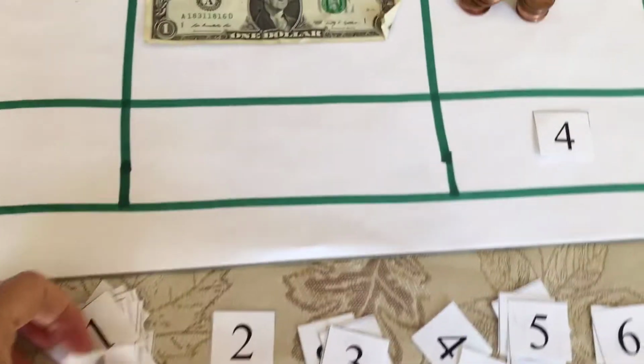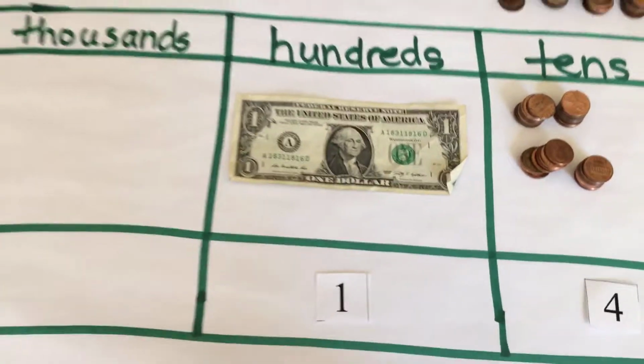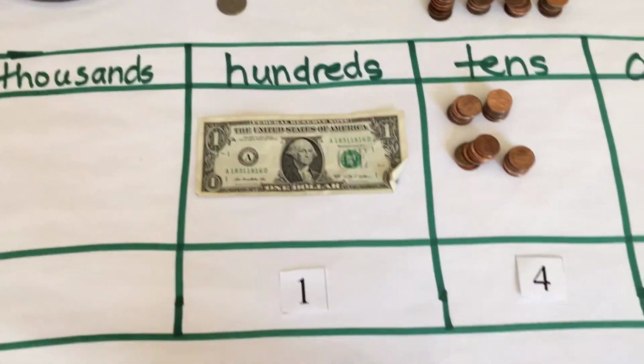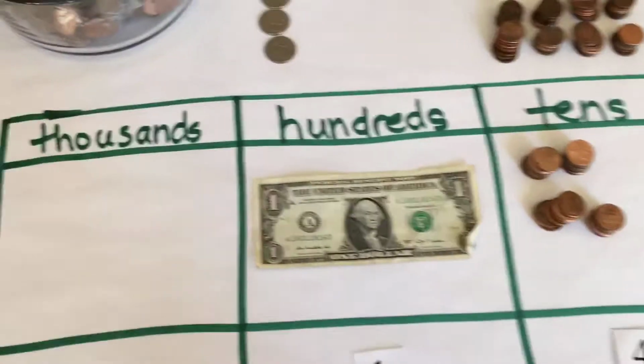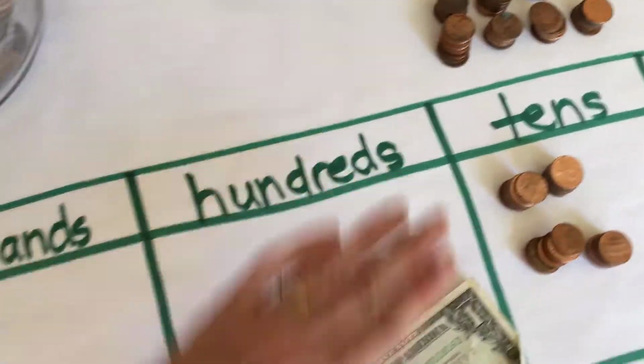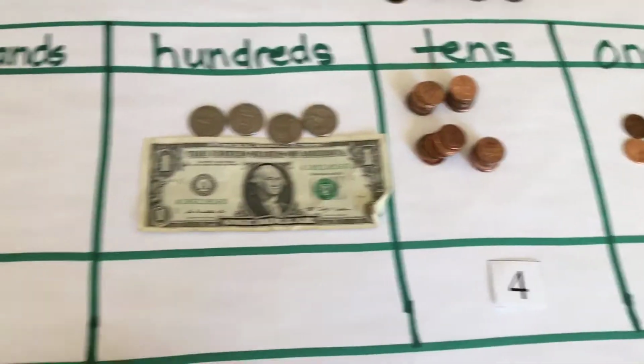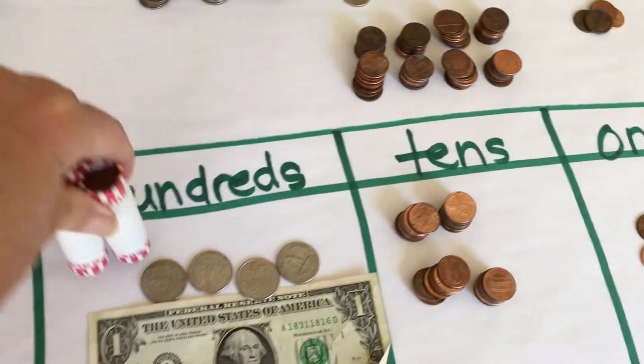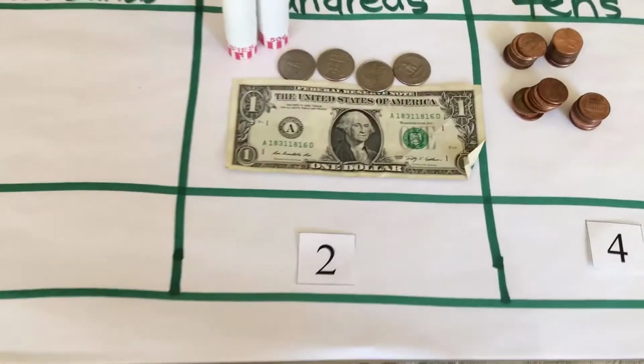So now I have $1, equal to 100 pennies. I could do a variety of ways to demonstrate it. I could put $1 this way, so now I have what's equivalent to 200 pennies, and $1 this way, which is another 100 pennies.